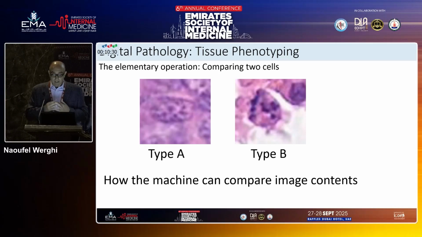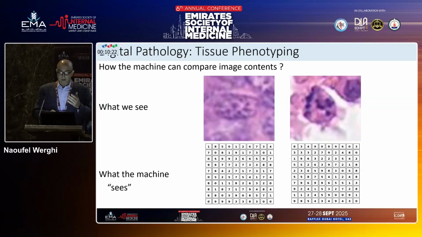So now the question is, how can the machine compare images? Again, we have to go back to what I said at the beginning. The machine deals only with numbers. So an image, if you look into your machine, is nothing but a matrix of numbers.